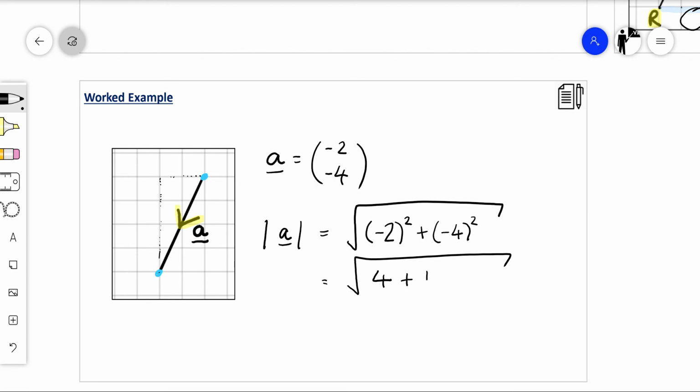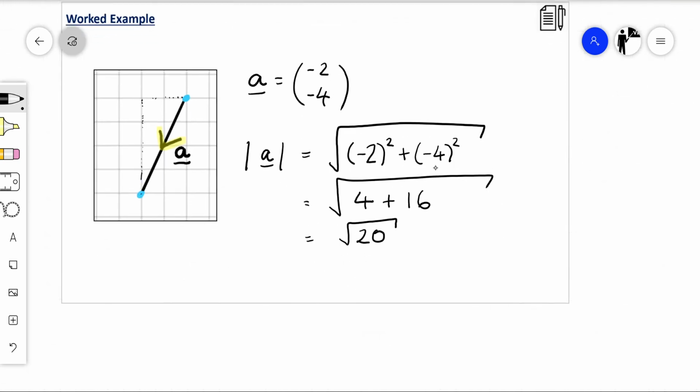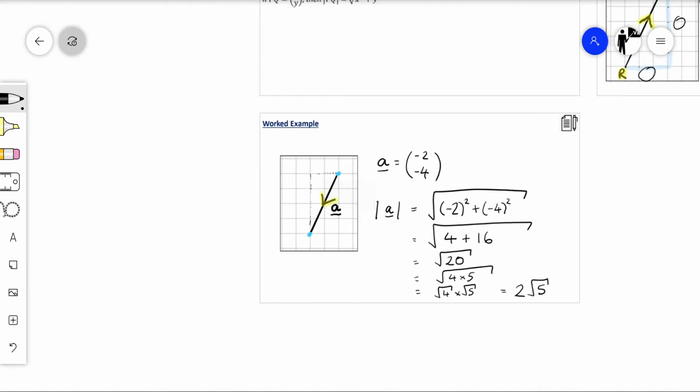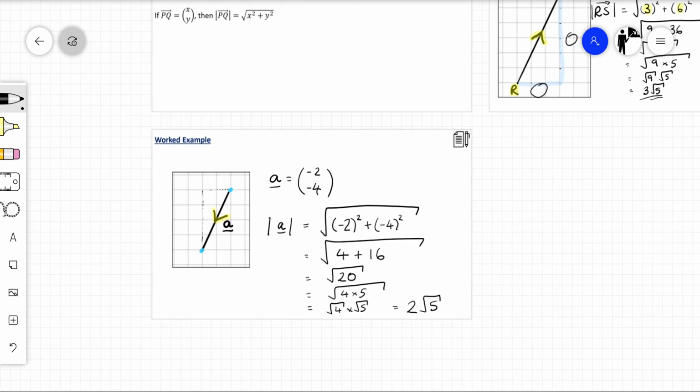Minus 4 squared is 16. So that's going to be the square root of 20. What square number goes into 20? It's 4. 4 times 5. That's going to become root 4 times root 5. Square root of 4 is 2. Okay, so the length of this vector is 2 root 5.